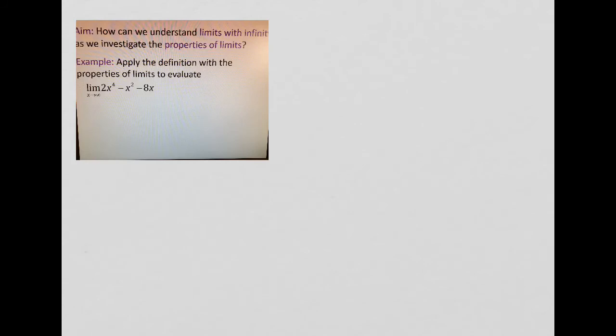Okay, so perhaps we're looking at this function, and you may not know the graph, but you remember the leading coefficient test, so you have some sort of idea as to what the answer is. But we're going to use that definition we just went over in the properties of limits in order to find this limit, like prove what the answer is going to be. So here we go.